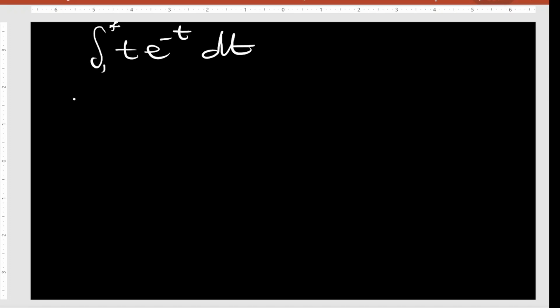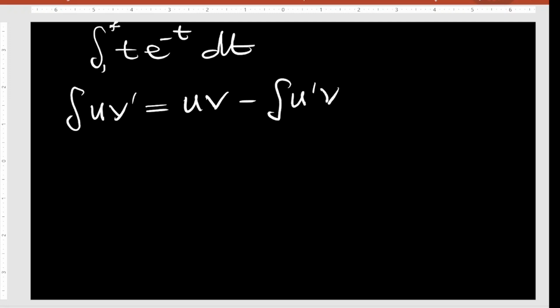With integration by parts, the integral of u v derivative is equal to u v minus the integral of u derivative v. Let our u be equal to the first part t and our v derivative be equal to e exponent negative t.